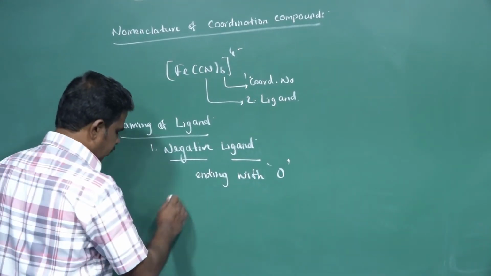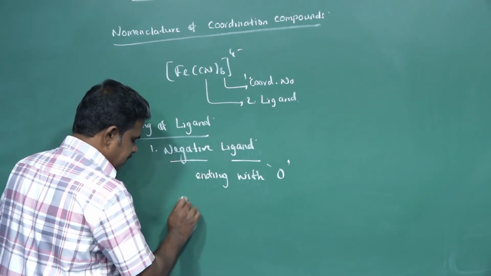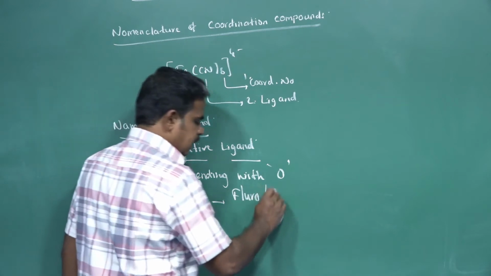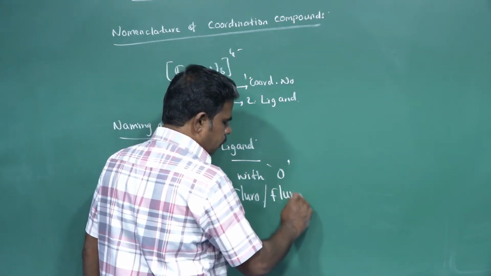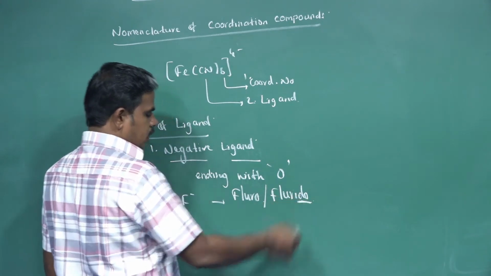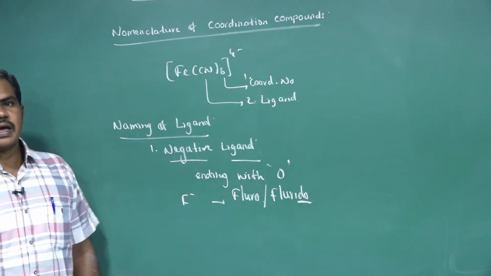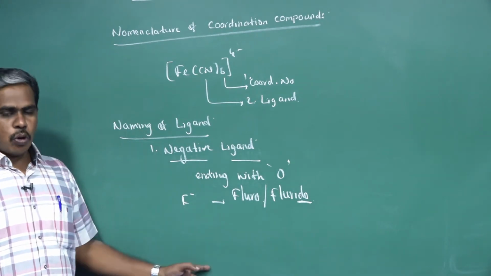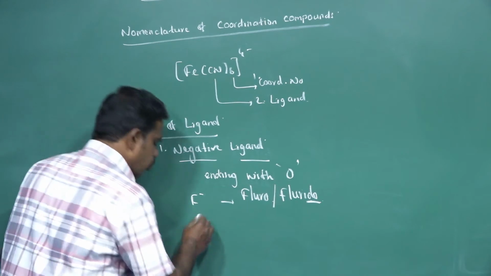For example, F minus is fluoro, or otherwise it is fluorido. Generally in modern coordination complexes we are taking IDO, fluorido. Bromine, we are taking bromido.